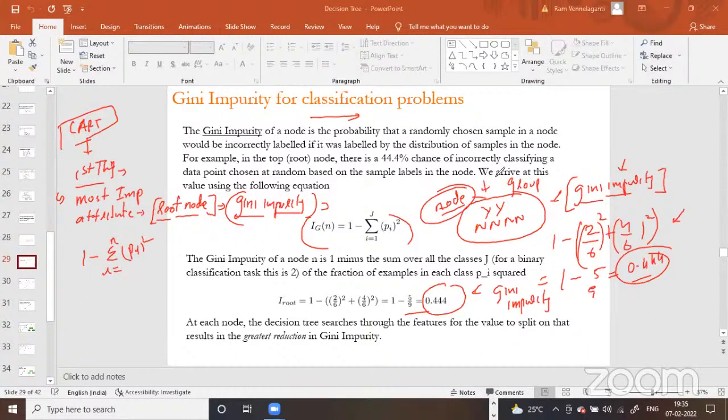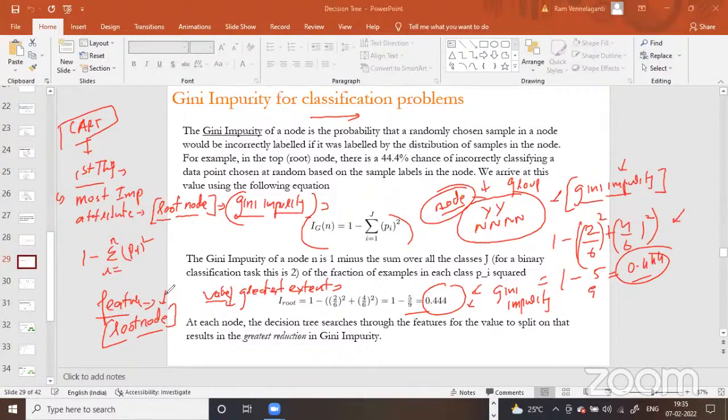Now, whichever feature is going to reduce this value by greatest extent, by maximum extent, then that feature I'm going to call it as a root node for us. So whichever feature is going to reduce my Gini impurity by maximum extent, that feature I'm going to call it as my root node.